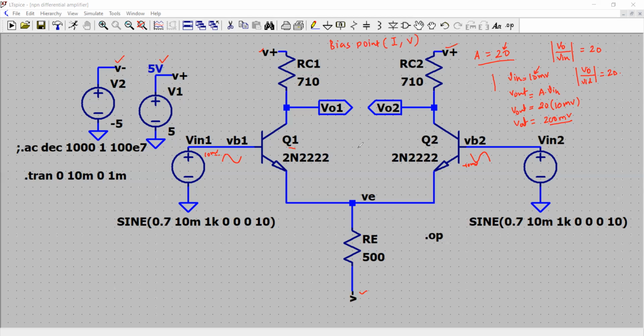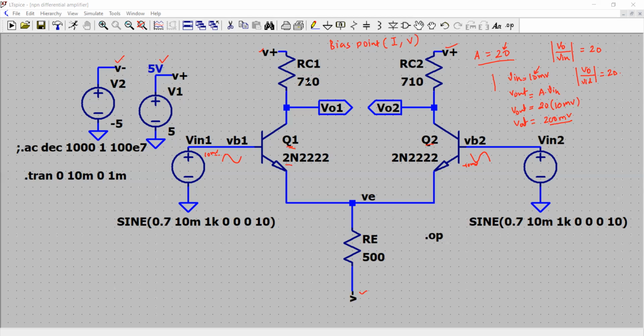Now we see that this is a perfectly symmetric circuit where I am using two identical transistors Q1 and Q2, and these transistors are 2N2222. If you Google them, they are general purpose small signal amplifier transistors, so we want to use them for the amplification purpose.